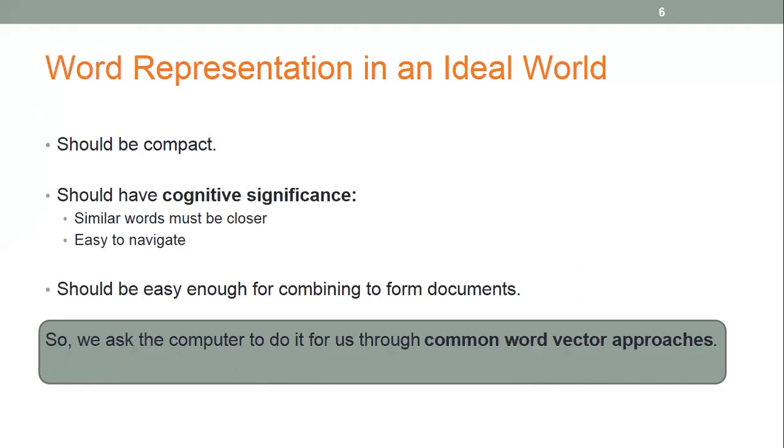The second is that it should have some cognitive significance. Words that mean the same or are similar in structure need to be closer in that space, or there should be some way of saying that these words are similar by looking at their representations alone.